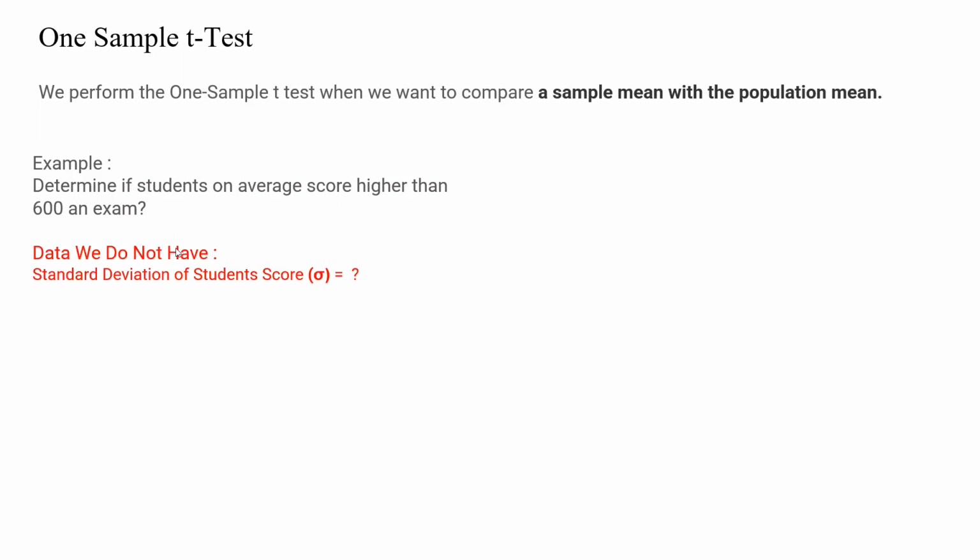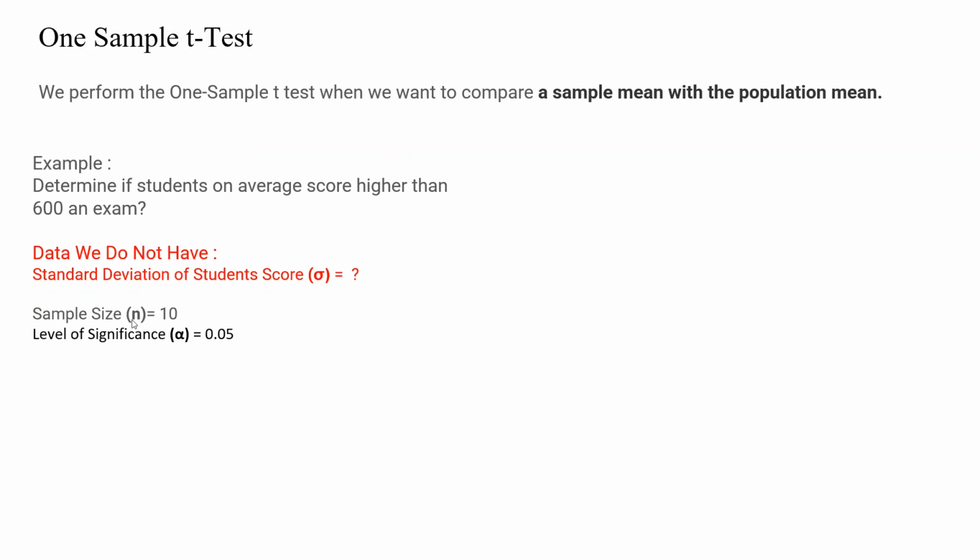In a one sample t-test, again, we compare a single sample mean with the population mean. Let's take the same example as earlier. We have to understand that we perform a t-test when we do not know the standard deviation. So we do not have this data at this point, but we have the rest of the data.